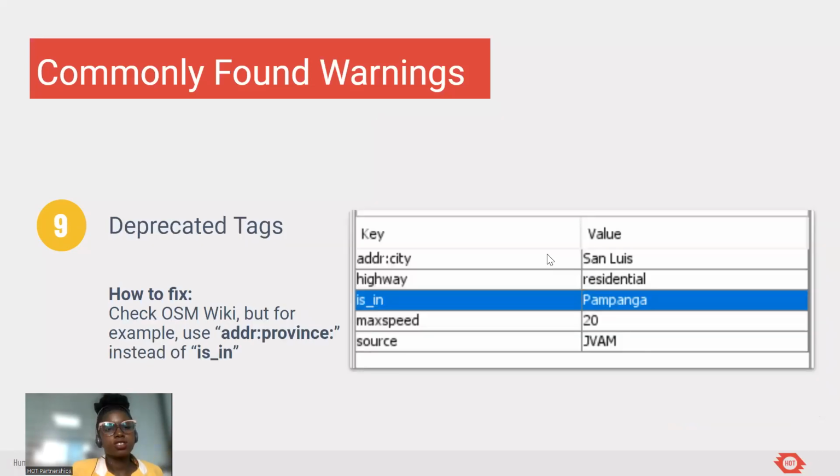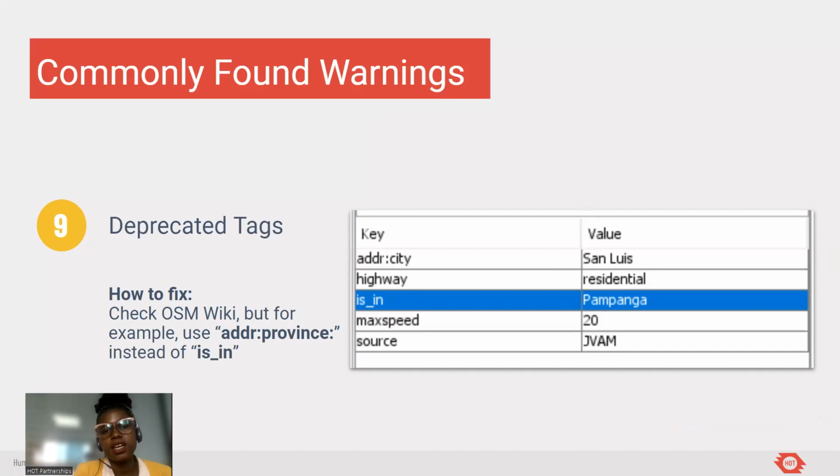Maybe another thing I wanted to talk about is deprecated tags. Who was that? Was it Search-Record? Yes. Remember when Search-Record tried to enter a tag called waterway equals riverbank, and it brought up a deprecated tag warning.